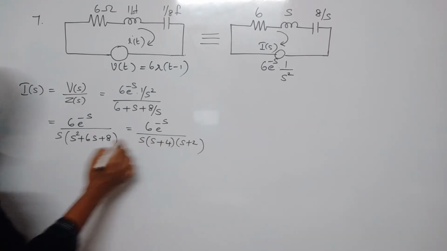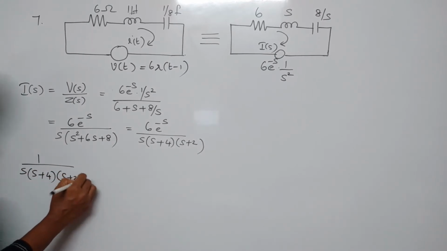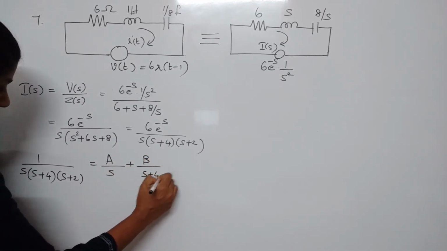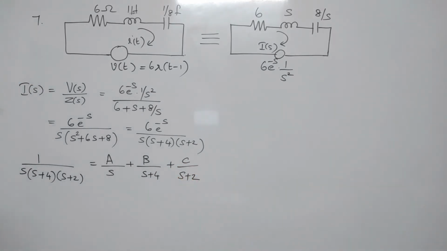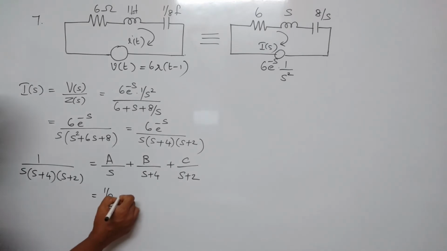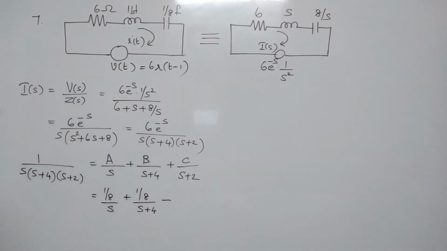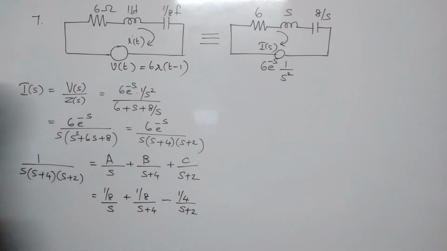Let's take this term, that is 1 by S into S plus 4 into S plus 2 alone, and find out the values of A, B and C. So on simplification we'll get 1 by 8 by S plus 1 by 8 by S plus 4 minus 1 by 4 by S plus 2.